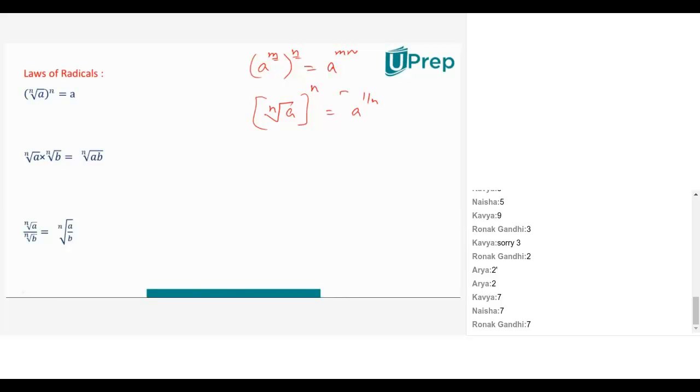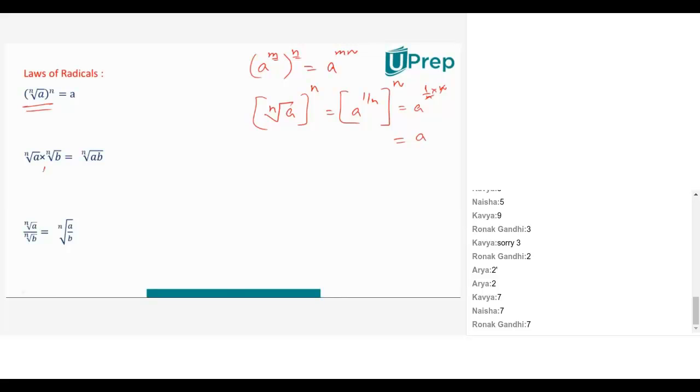Nth root of a is nothing but a to the power of 1 by n, whole to the power of n. So that formula applies here also. It gives a to the power of 1 by n multiplied with n, so n gets cancelled, giving a to the power of 1. That's the reason nth root of a whole to the power of n will give you a.